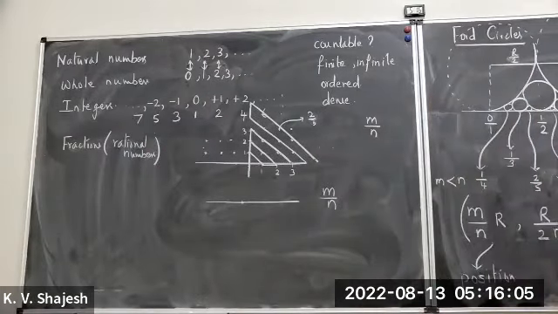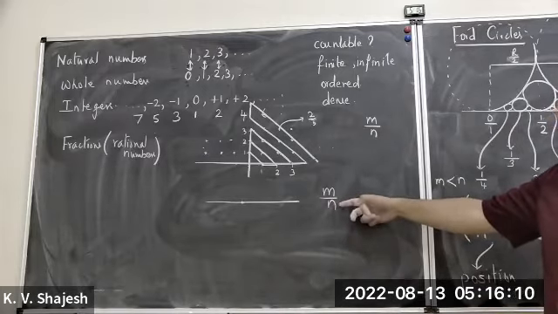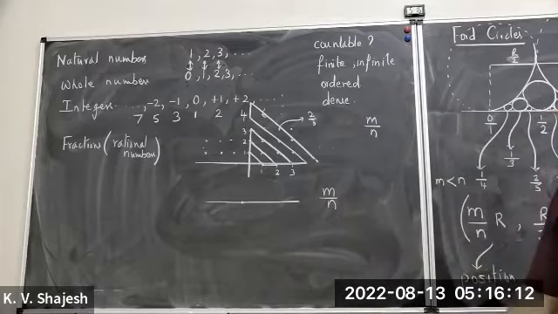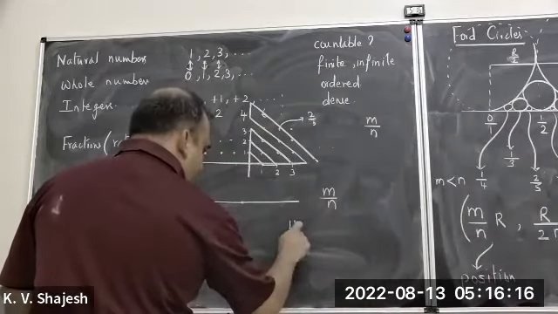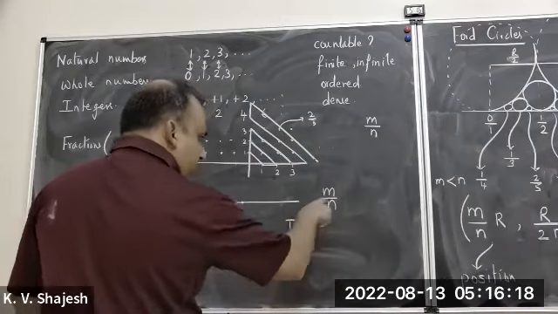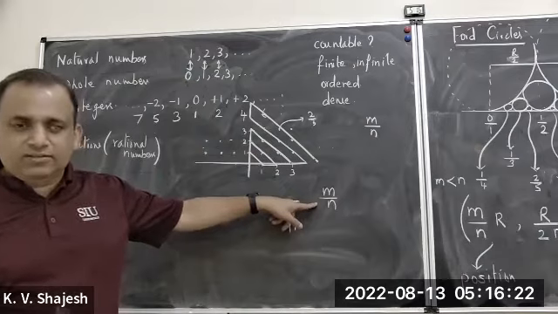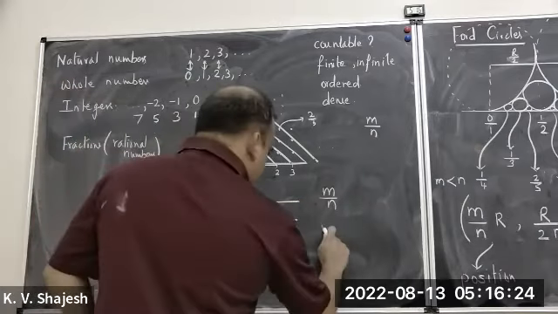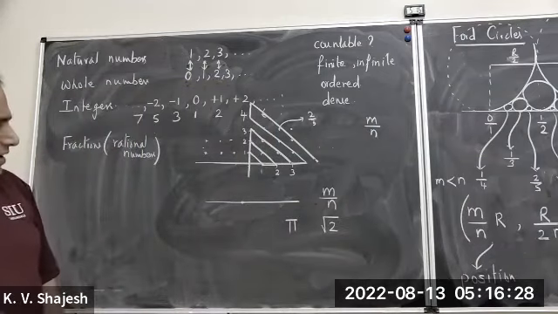It turns out that yes, you miss a lot of numbers. Pi is a classic example, right? Pi is 3.14 something, but it cannot be written in this form. Pi cannot be written as a fraction. Square root of 2 cannot be written as a fraction.